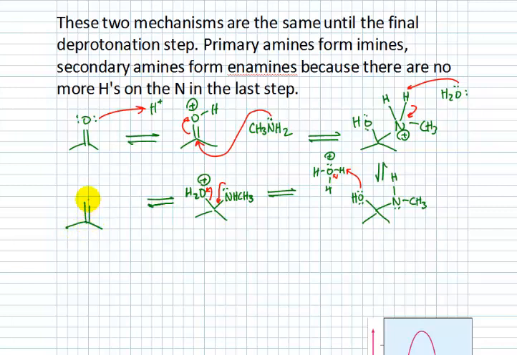Leaving us with a nitrogen double bond, NH, CH3. Right, like that. I've also formed a molecule of water, which will remove that hydrogen, giving us our product, an imine.